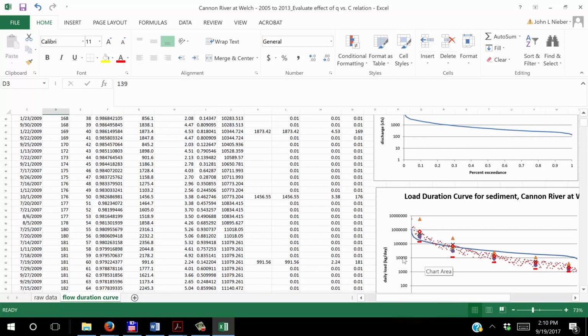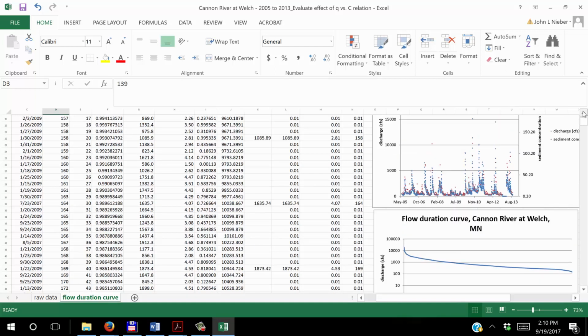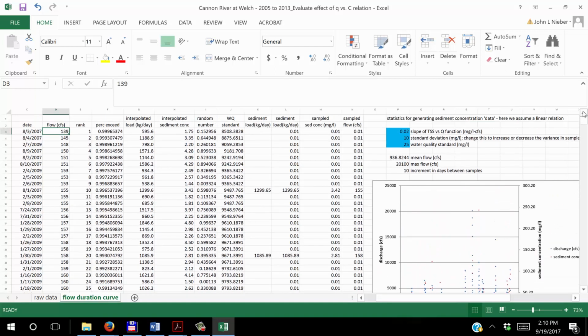If you look at the vertical axis, there's a big difference in the magnitude of the numbers. Here we've got something on the order of 1 million. There we've got something on the order of about 20,000. So that's all because of the change in units from cubic feet per second, and then we multiply it by milligrams per liter and do the conversion of units to give us kilograms per day. Okay, so that gives us the graph for the water quality standard.